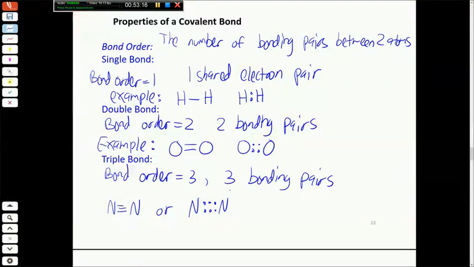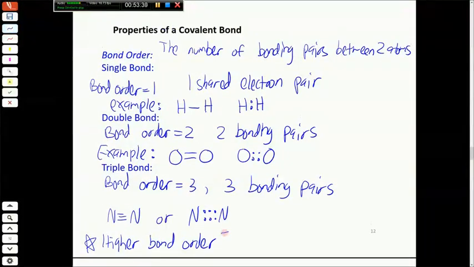Now, the importance of bond order for now is that it's another property of the bond that relates to the other two, the bond distance and the bond energy. So if you have a higher bond order, and this I think is fairly intuitive, you're sharing more electrons. That means there's a stronger attraction between those two atoms. So a higher bond order means you have a shorter bond because you're drawing things in a little bit closer to share all those electrons.